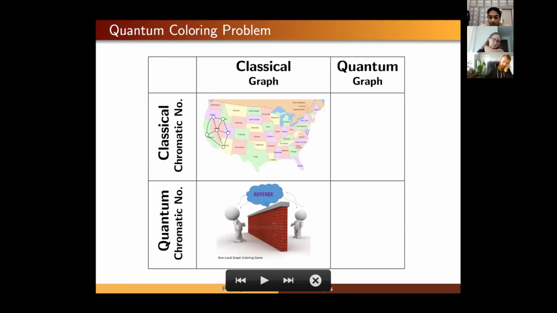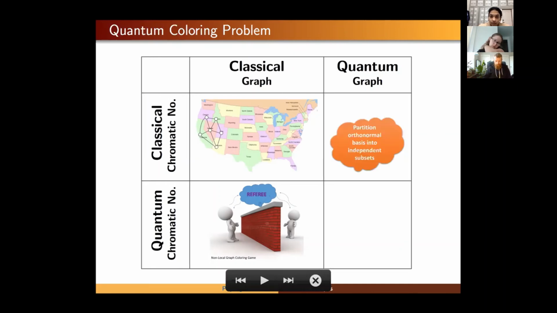But the tricky part is that they cannot communicate with one another once the game begins, so they don't know what the other person received as a question or responded as an answer. But together, their responses must satisfy a synchronicity condition and must respect the adjacency of the graph. And so the least number of colors they use in order to win this game is known as the quantum chromatic number of the classical graph.